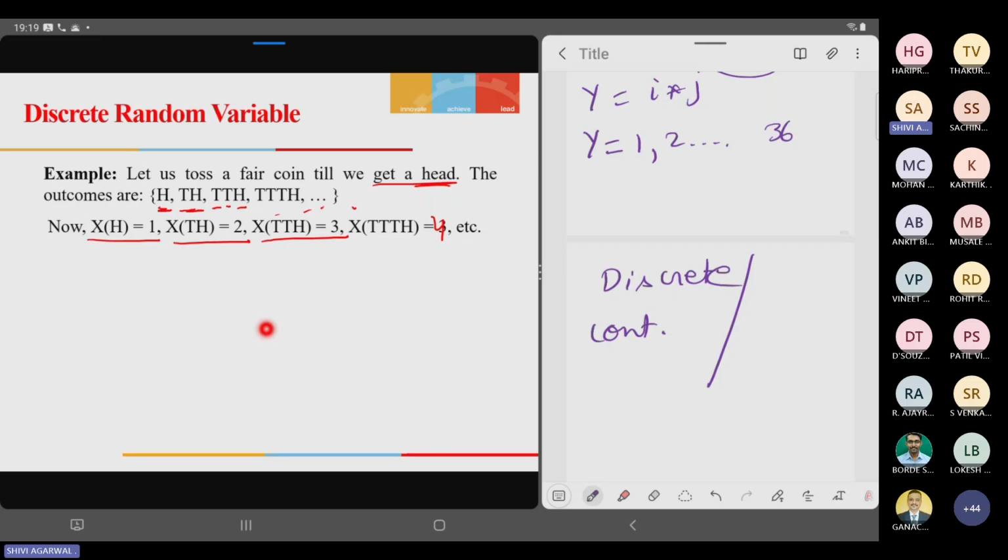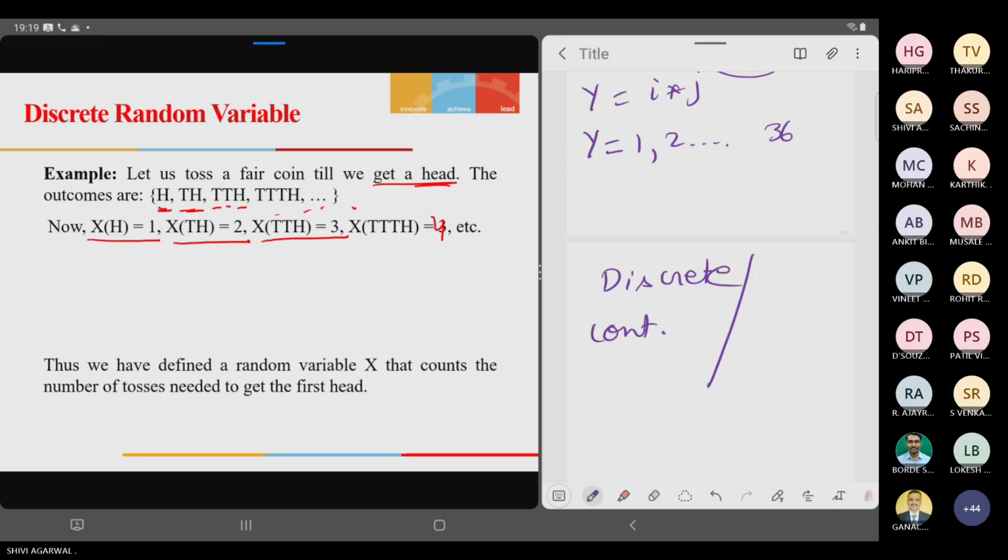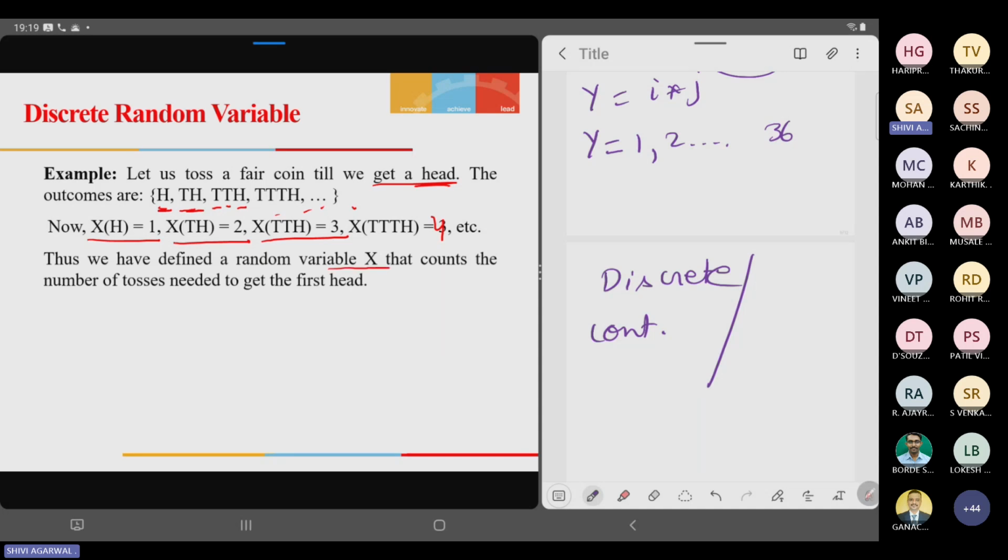That is the random variable. So we have defined a random variable that counts the number of tosses needed to get the first head. Got it? That is the concept we are using here.